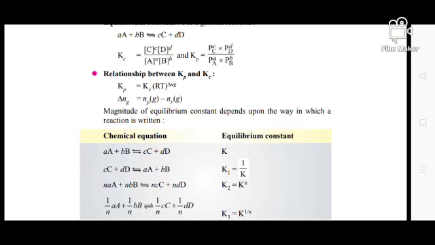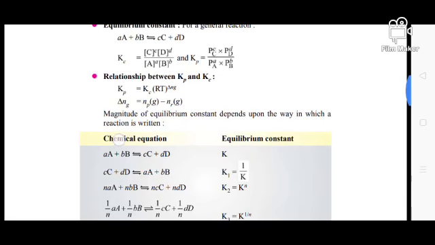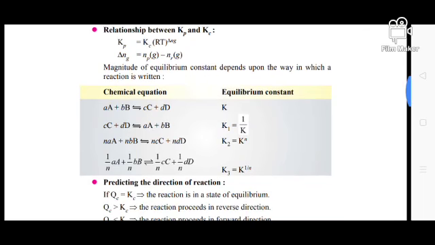After that, the relation between Kp and Kc. Both are constants, but there is a relation between the equilibrium constant and the equilibrium constant in terms of partial pressure. Here Kp equals Kc (RT) to the power delta n g.